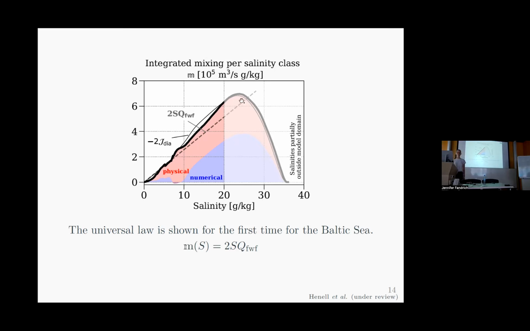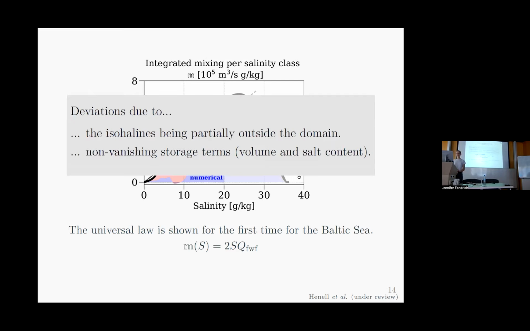Okay, so reasons for the deviations that we see between the two lines. Let's just observe that there are other lines, but focus on those two, and we can take questions about the other ones later. But the deviation that we have is also because we have this intermediate case where the isohalines start extending outside our model domain.